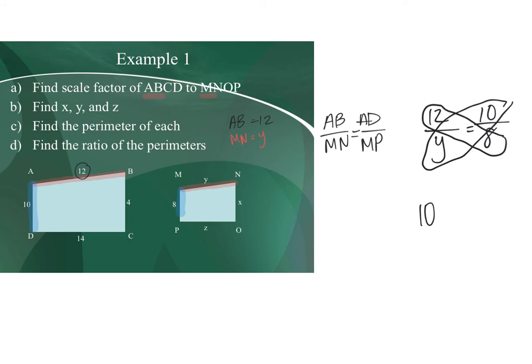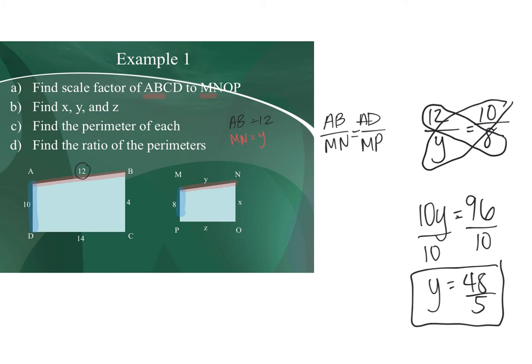We would get 10y equals 8 times 12, which is 96. I believe that's right. Then we divide both sides by 10. We're going to get y equals 9.6, or you can simplify your fraction. Both of these are divisible by 2. You'd get 48 over 5.